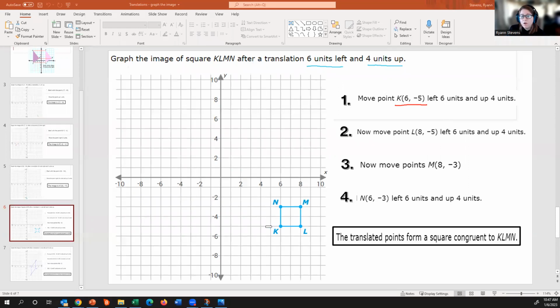And so I'm going to go from K, go 1, 2, 3, 4, 5, 6.